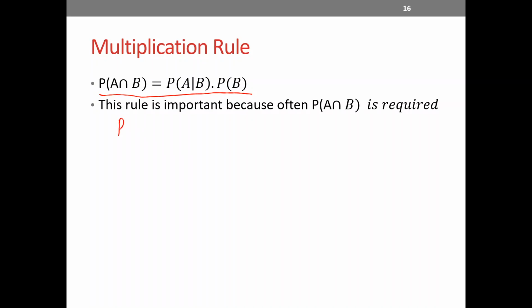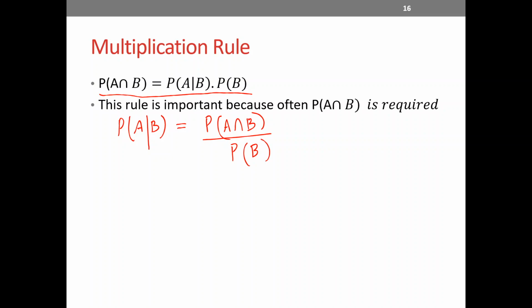If you just look at it, this is probability of A given B equals probability of A and B over probability of B. So the multiplication rule is actually more useful when we are looking at an experiment that consists of several stages in succession. So the conditioning event, for example, B in this case, describes the outcome of the first stage and A the outcome of the second, and so on.